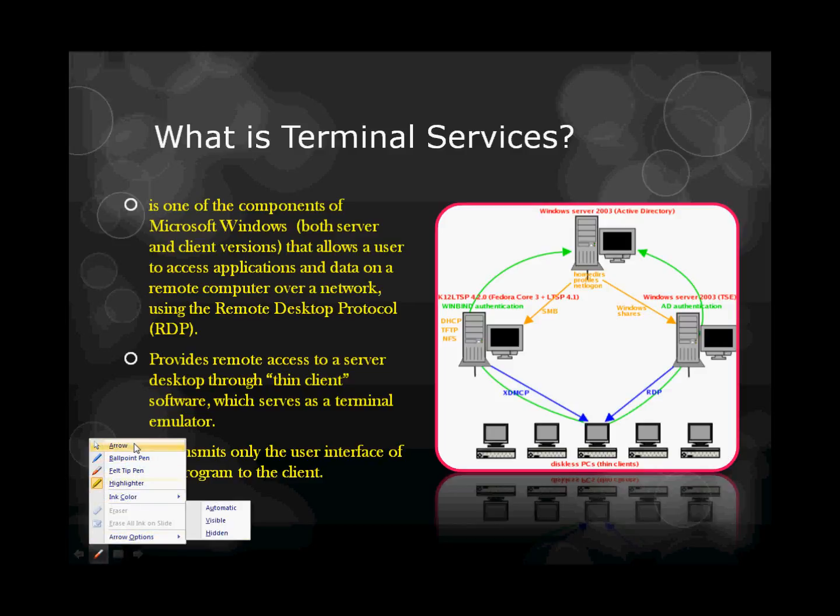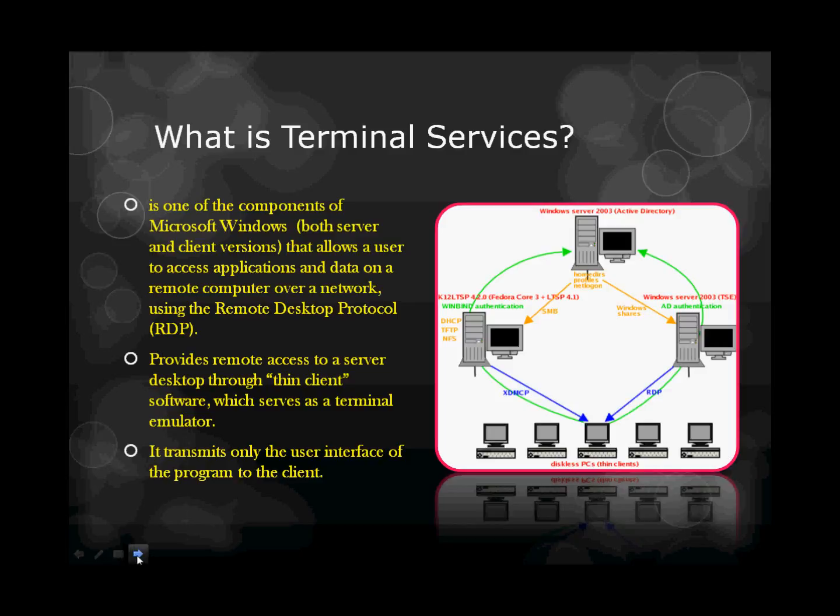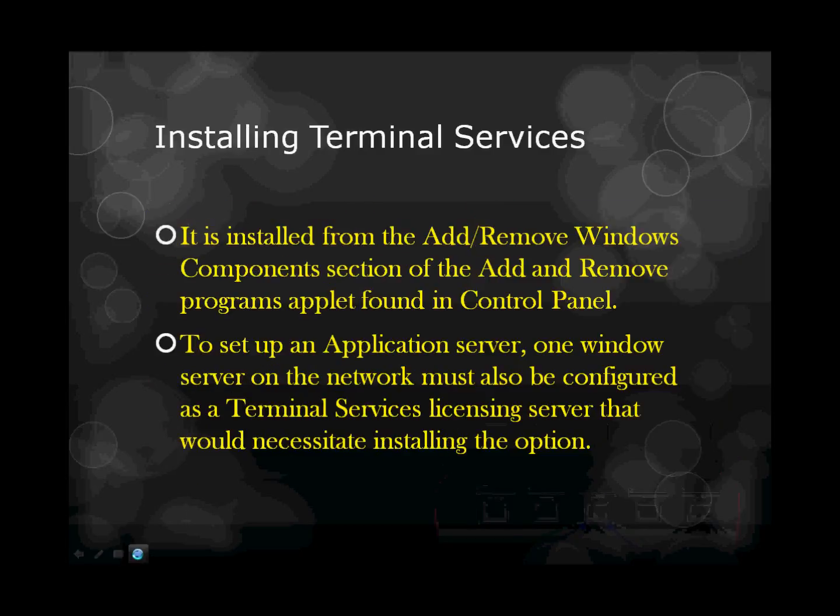The next one is installing terminal services. When to install the terminal services? It is installed from the Add/Remove Windows Components section of the Add or Remove Programs applet found in Control Panel.